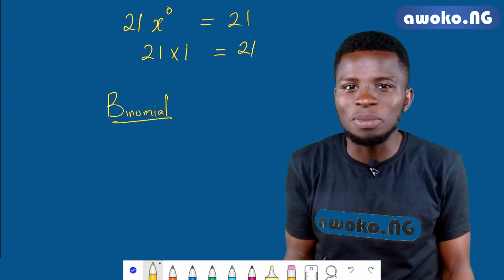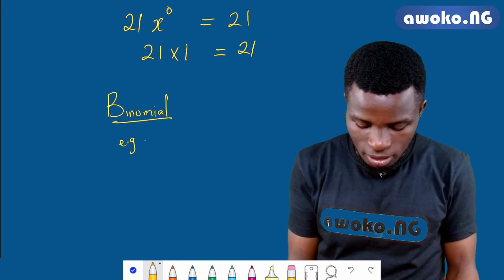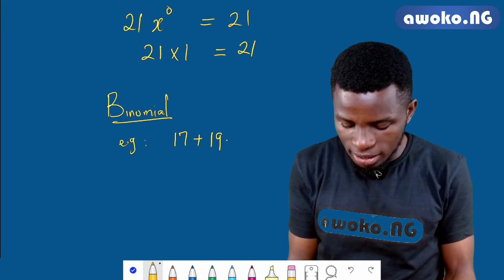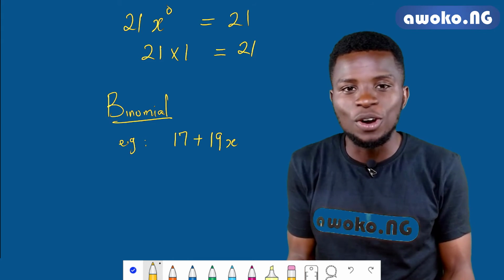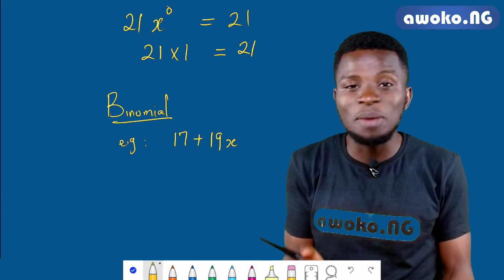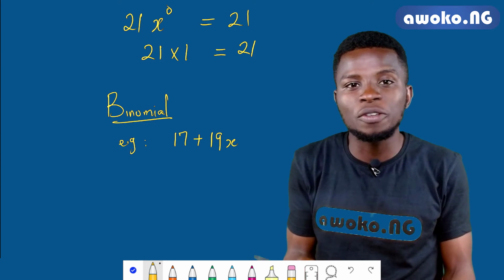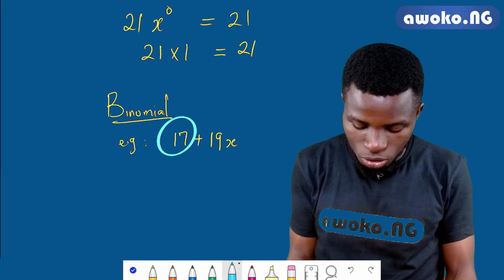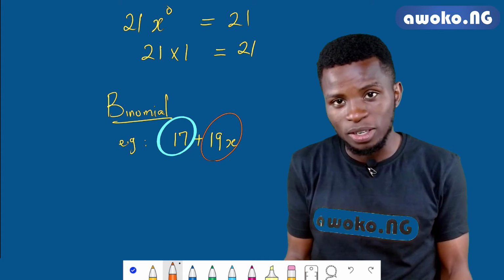So we can consider some examples, like 17 plus 19x. This is an example of a binomial. Why? Because it is a combination of two monomials. This is the first monomial and this is the second monomial. Is that understood?